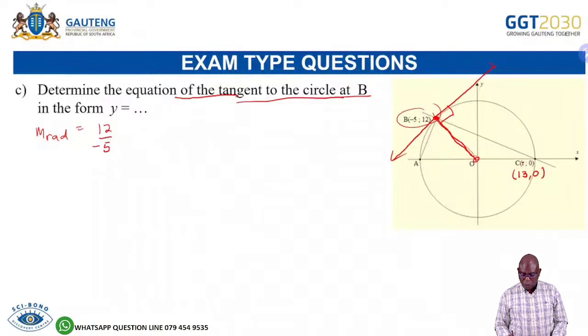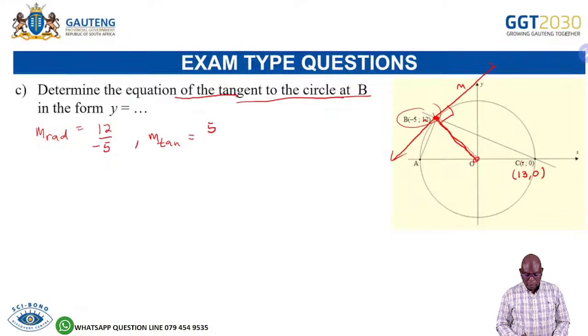So it's 0 minus 12 and 0 minus 5, giving 12 over that. Then I need the gradient of the tangent. The gradient of the tangent, which is perpendicular to the radius, I turn the other way around, so it will be 5 over 12. The sign is negative, that sign must be positive. So I've got 5 over 12.